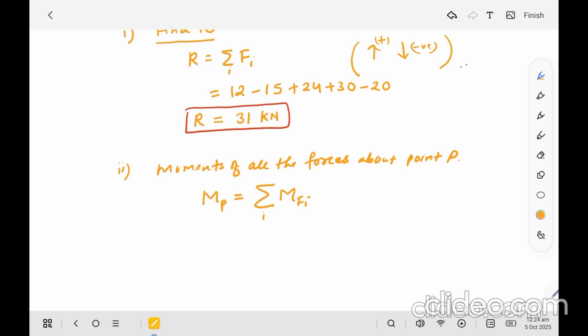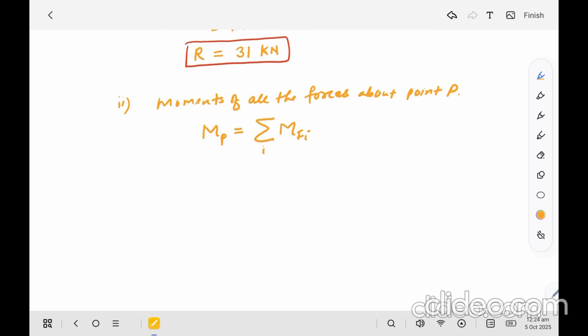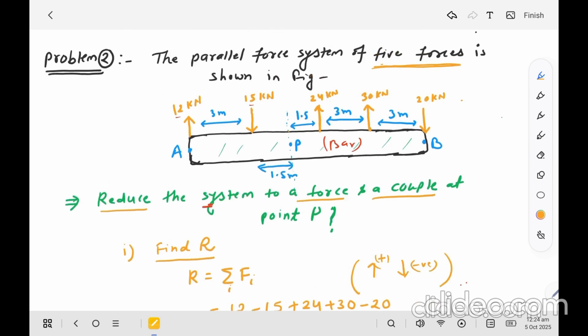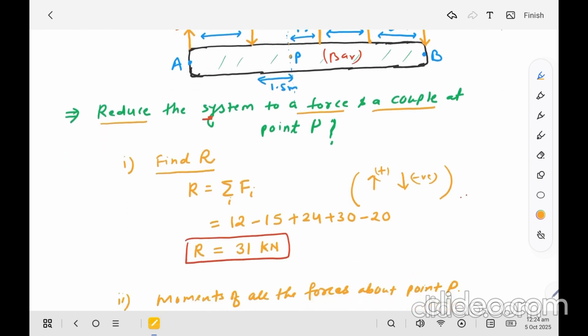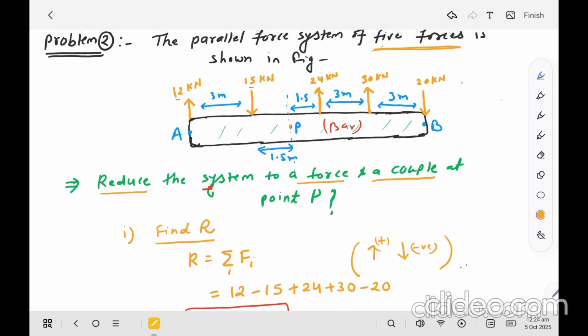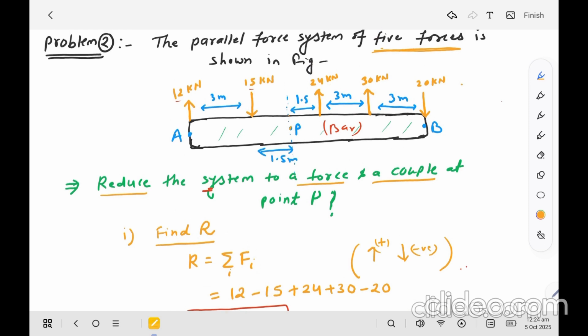Okay, so now we have to estimate or find the moment of all these forces. Okay, so we have the 5 forces and we want to estimate the moment of all these forces about point P. So the distance from point P, or we can say the distance from the line of action of the force to point P is given. Okay, so these are nothing but the perpendicular distances from force to point P.